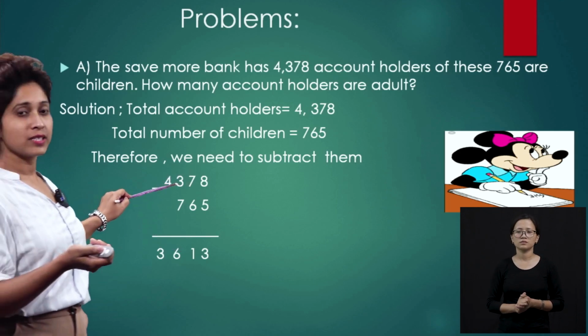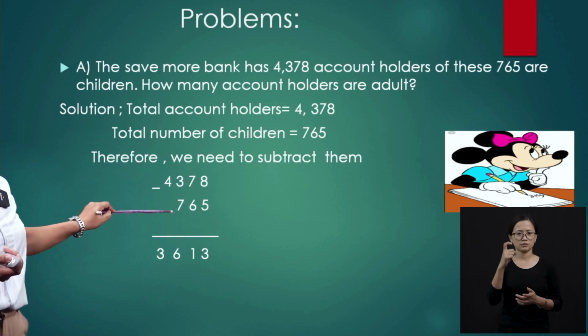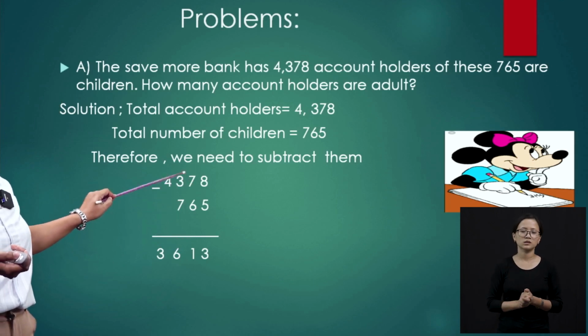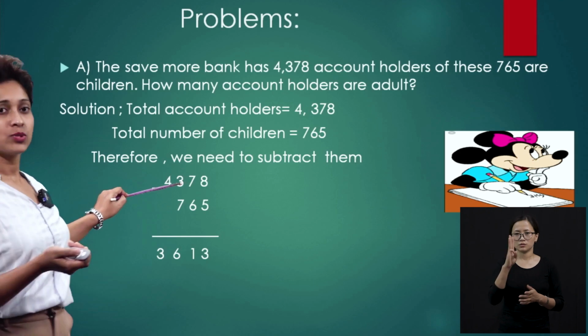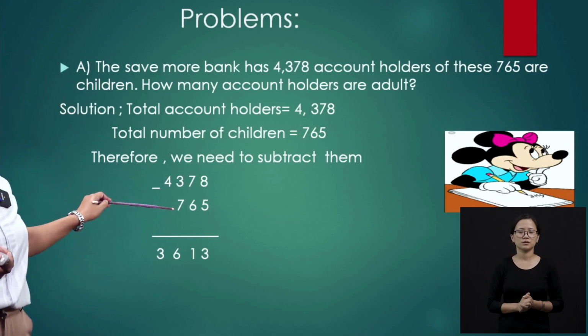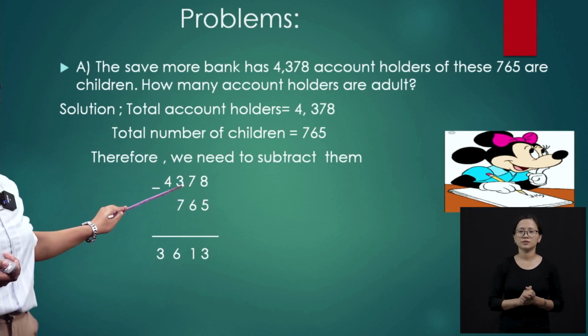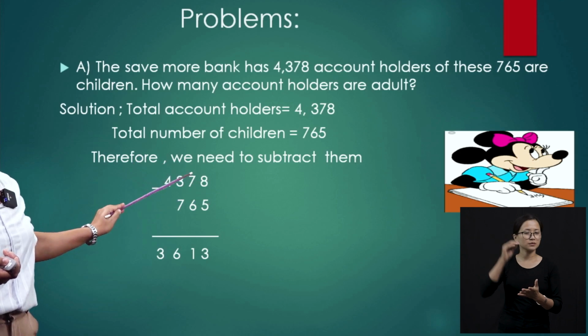Here we have next 3 minus 7. Can we minus 7 from 3? No, because 3 is a smaller number and 7 is a larger number. So what do you need to do? You need to take a borrow from here, right? We just learned the sum.